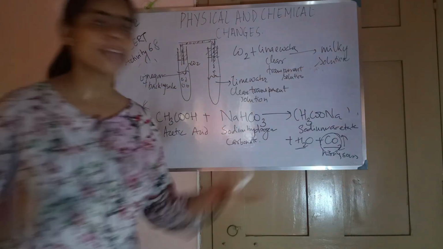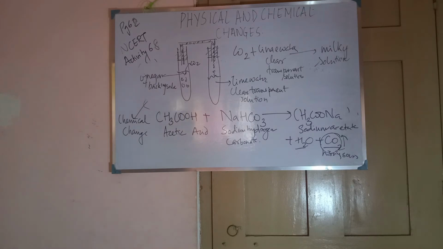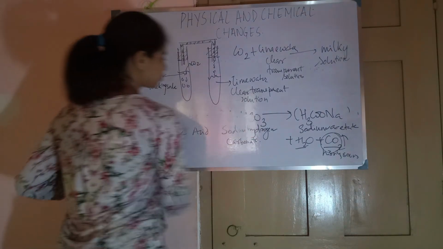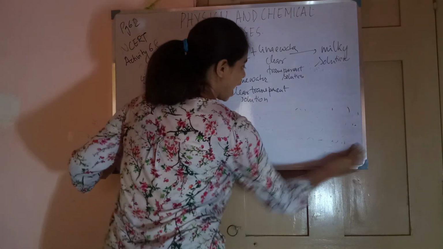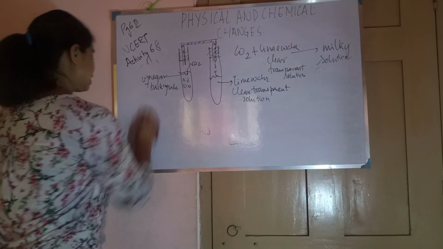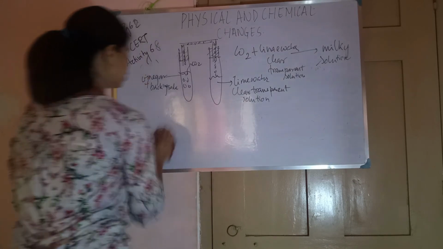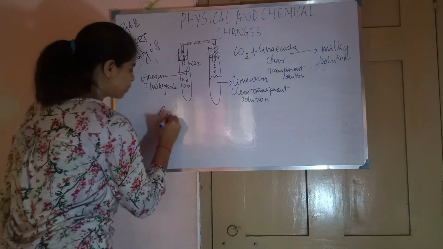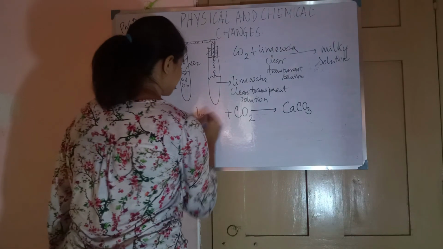That means the lime water has reacted with carbon dioxide and formed a new substance which gives a milky solution. Now what is actually happening? What is lime water? Lime water is calcium hydroxide.